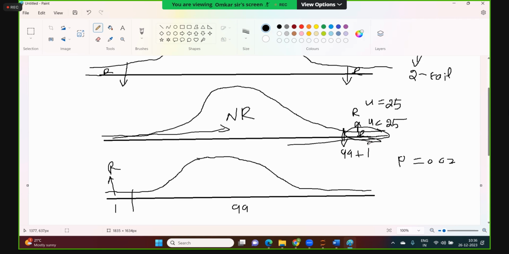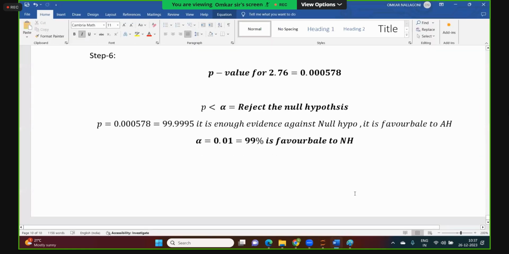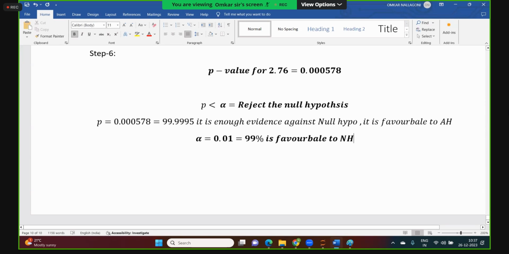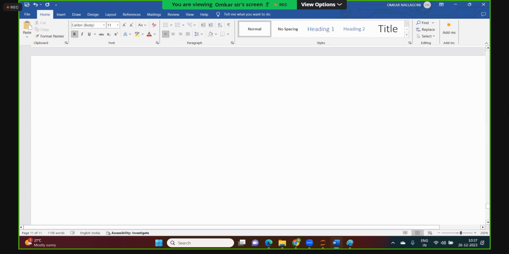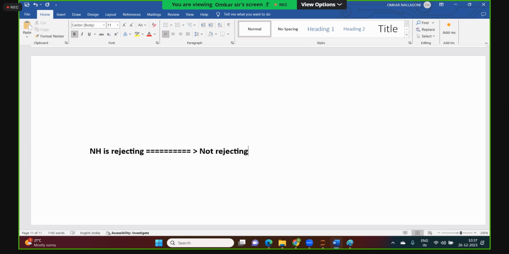But we cannot say not reject, not accepting. You can't say like this. See here, your null hypothesis is rejected, which means you are not rejecting the alternative hypothesis.